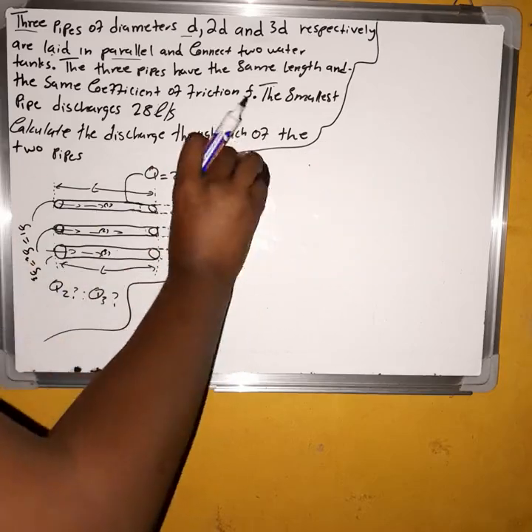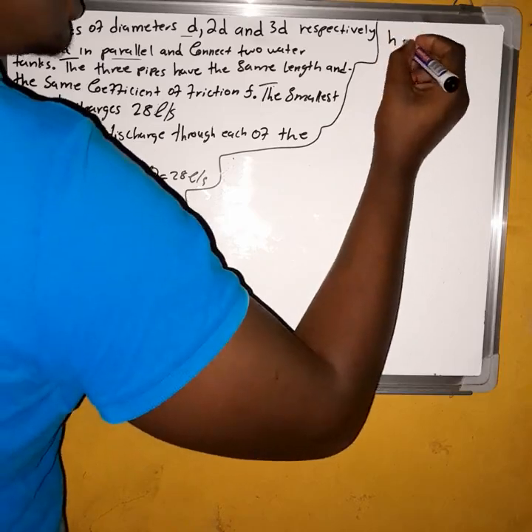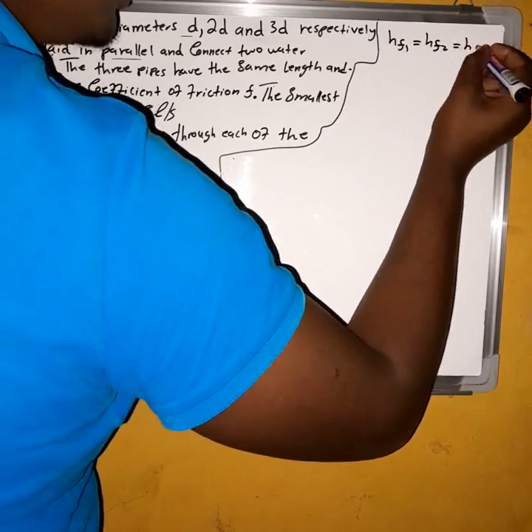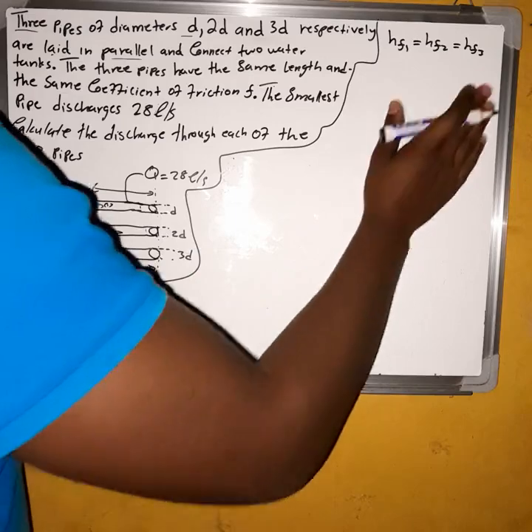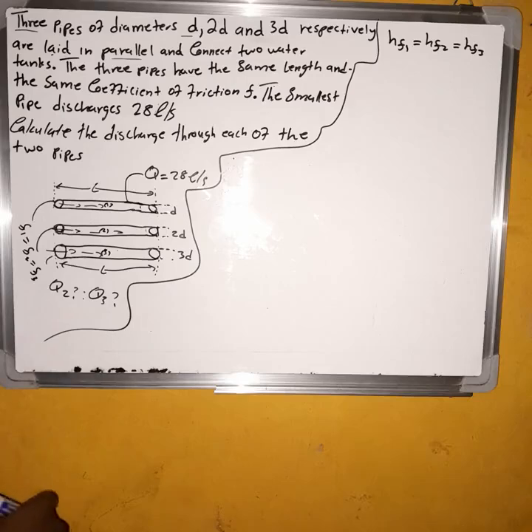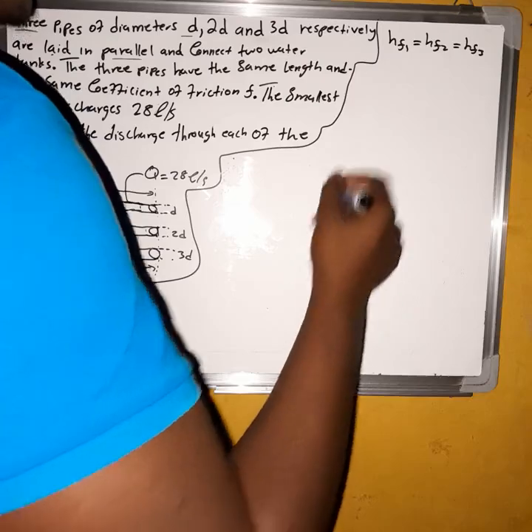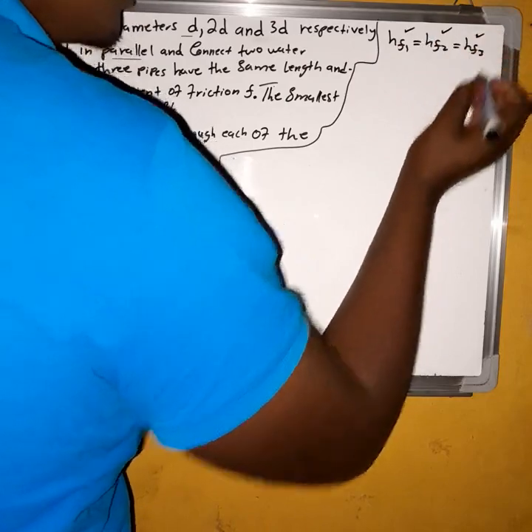Let me just write here. HF1 must be equal to HF2, is equal to HF3. We know the formula that we must use. In other words, we can start by showing that we can start with this one and come to this one and this one.